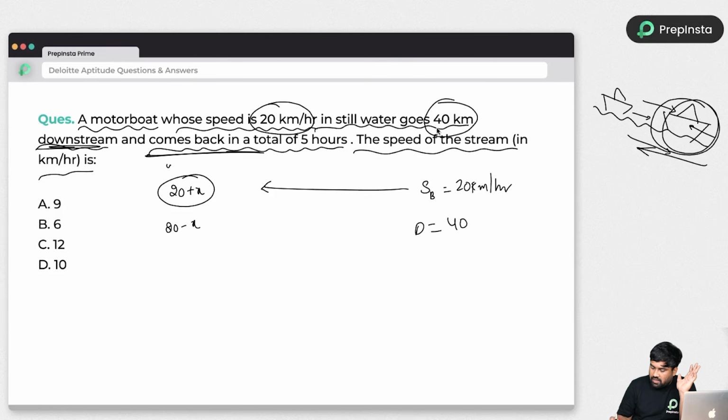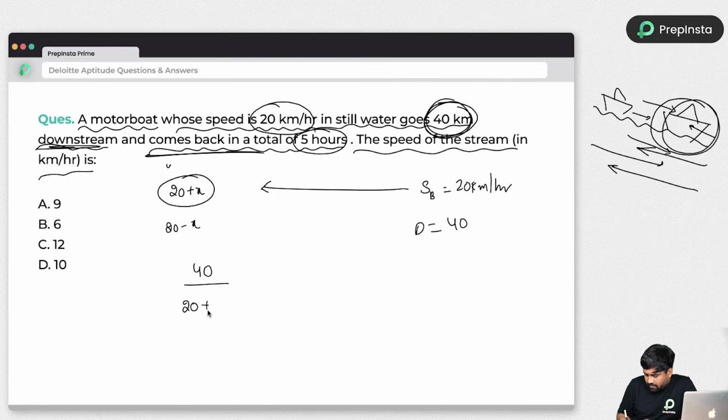The 40 kilometers downstream and coming back takes a total of 5 hours. So one side 40, the other side also 40, covered in 5 hours. So simply distance divided by downstream speed plus distance divided by upstream speed.